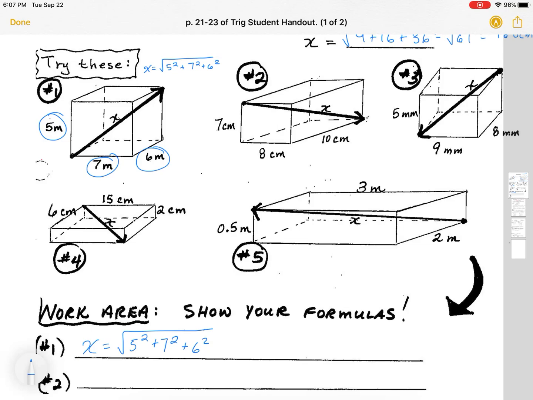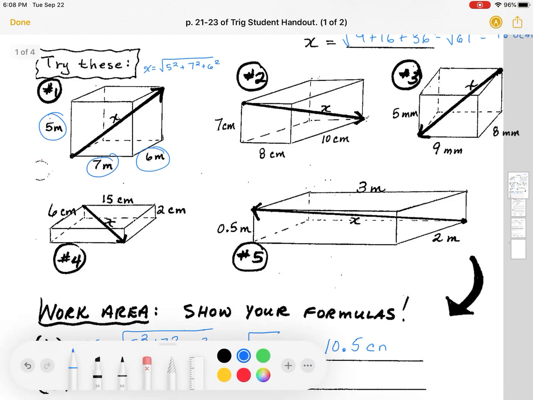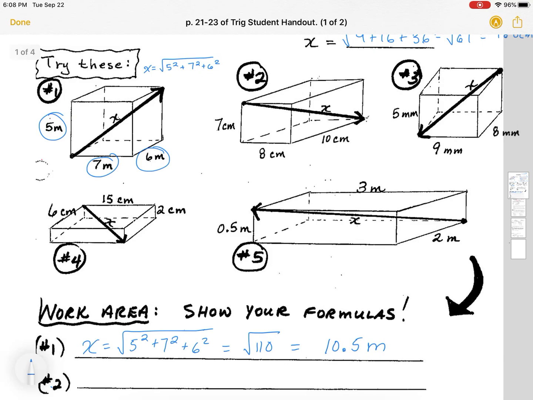So this is the first one, 5 squared plus 7 squared plus 6 squared. So we take those three measurements and we just put them in for a, b, and c. We'll get square root of 110, which becomes 10.5, and they're in meters, not centimeters, sorry. I did centimeters for the last one, so it was in my brain.